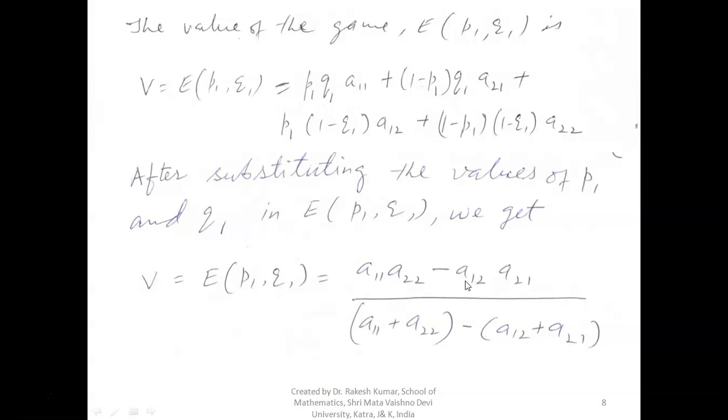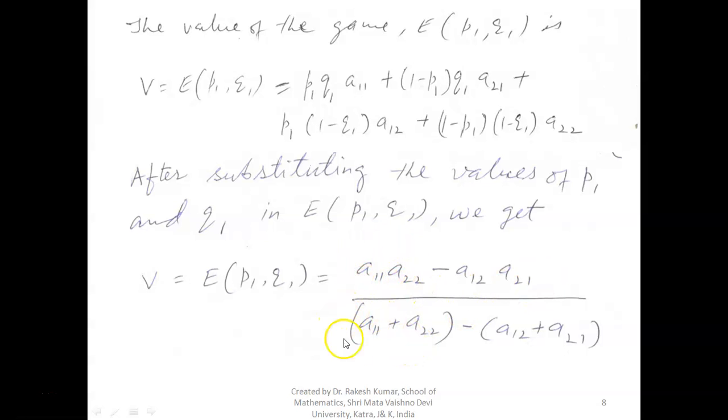Coming next, the value of the game E(P1, Q1). As it was earlier, it was like this. Okay, this was the value. Now after substituting the values of P1 and Q1 in this expression and solving further, we get the expected value of the game, V equal to E(P1, Q1), equal to this one.